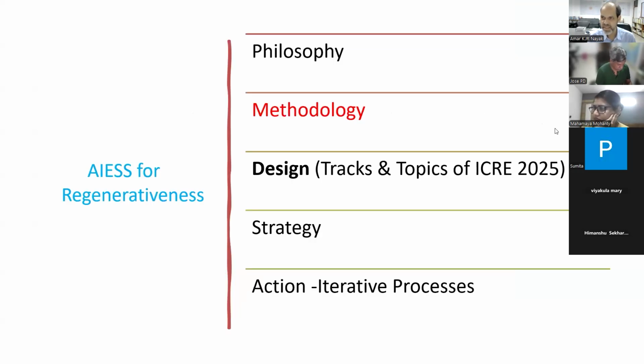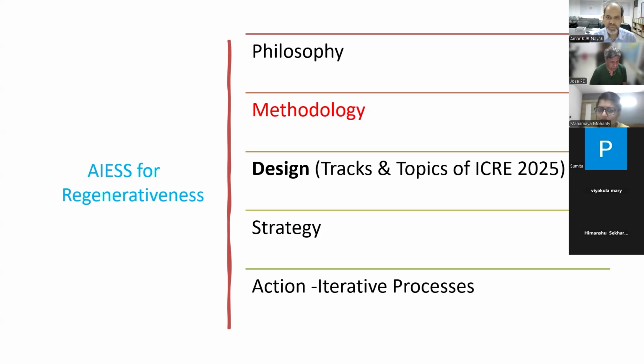In the last session, as we talked about, the design is this way: we have the tracks and topics, which are the design issues. Of course, it's not the full list, it is a tentative list. If you go deeper, you look at the methodology, and the methodology has a philosophy. Specific to the AISS, that is All Interacting Evolving System Science, it's a part of system science, but it has a very specific philosophy.